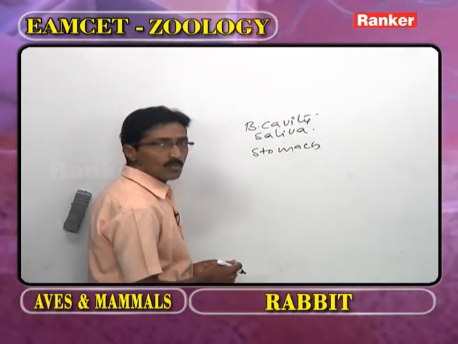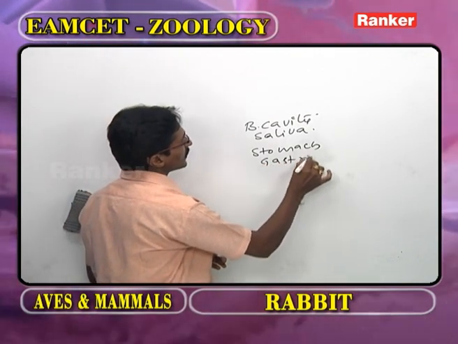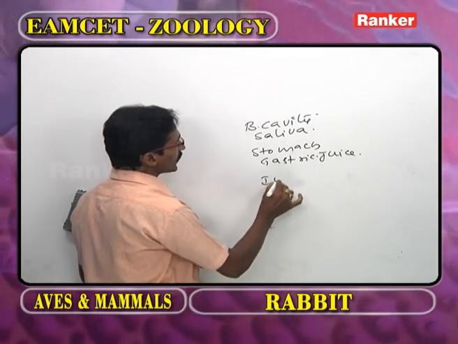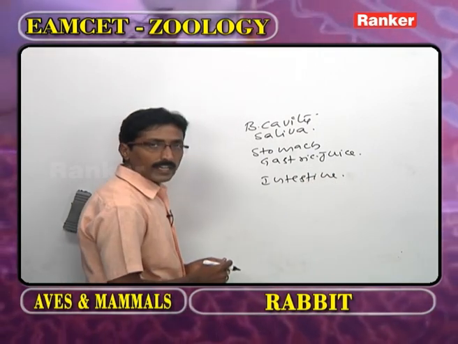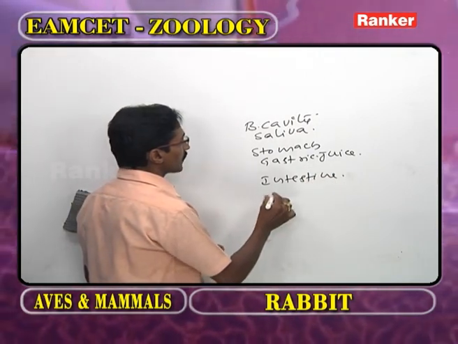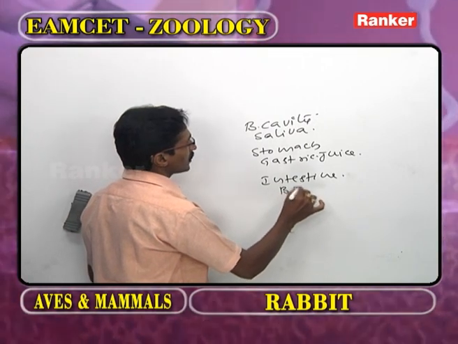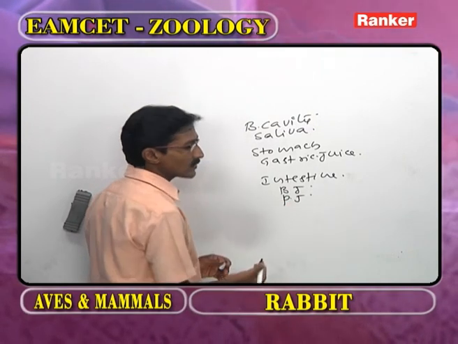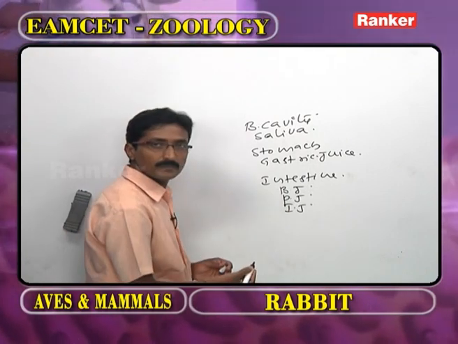In the stomach, what type of digestive juice is present? The gastric juice. Now this part we call it as the intestine. In the intestine, what type of juices are present? One is the bile juice, the second one is pancreatic juice and the third one is intestinal juice.